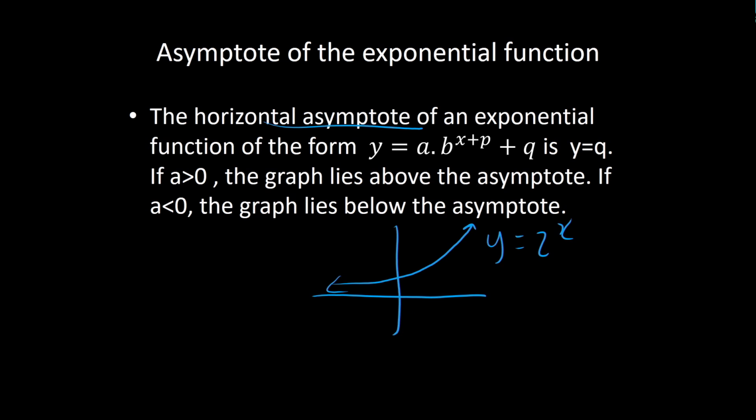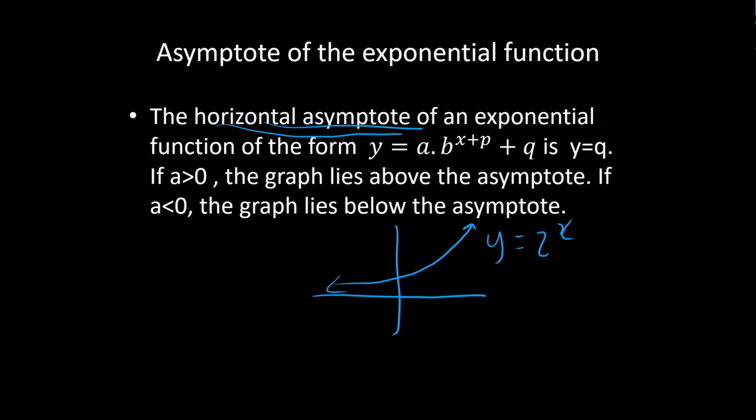While we're talking about this, importantly, if we ask you in an exam or a test to state the equation of the asymptote, do not say horizontal asymptote is 0. Or do not say vertical asymptote is 0, or whatever the case is, depending on what graph you've got.